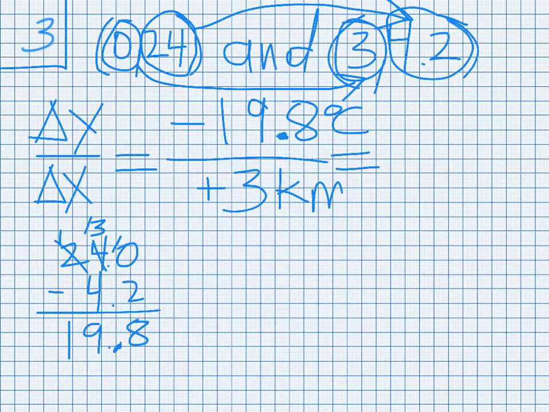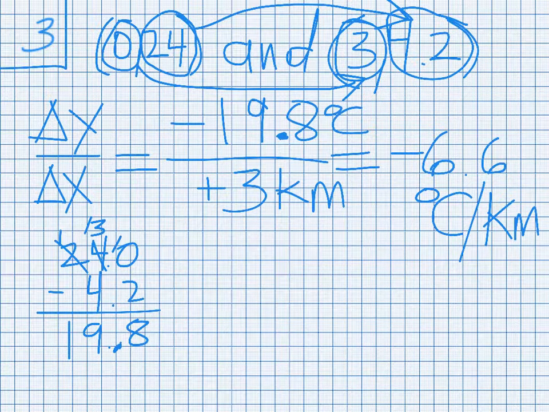So when we find the rate of change, all we're doing is dividing. Just take this to decimal form. In the calculator, it'd be negative 19.8 divided by 3, and we get negative 6.6. Now my units here, and this is important throughout the whole section, become negative 6.6 degrees Celsius per kilometer.